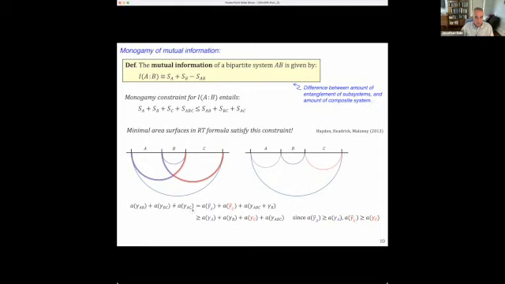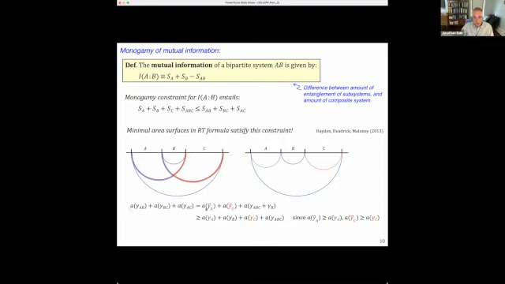So gamma AC is going to consist of this bulk surface, the thin blue surface, union this smaller thin blue surface that's anchored at the endpoints of B. And then we can take the sum of the areas of these three minimal area surfaces. So that's the quantity on the left.